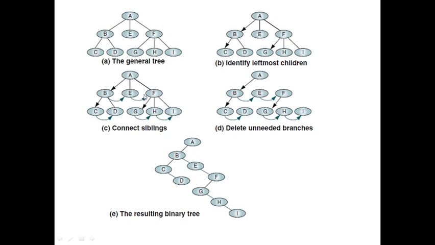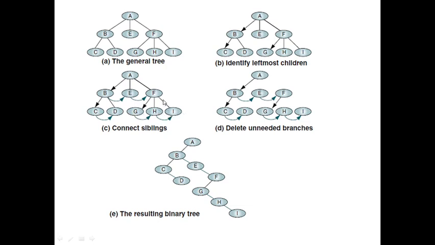B, E and F are siblings because they are all children of the same parent A. So B is connected to E, E is connected to F. Under that, C and D are also siblings, so they are also connected together. Remember, you should not connect D with G because they are not siblings, they have different parents. So we have to do it carefully. And finally G, H, I are also connected.